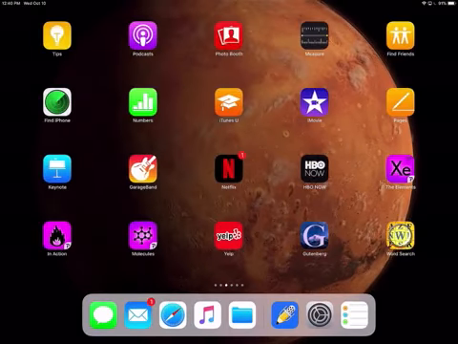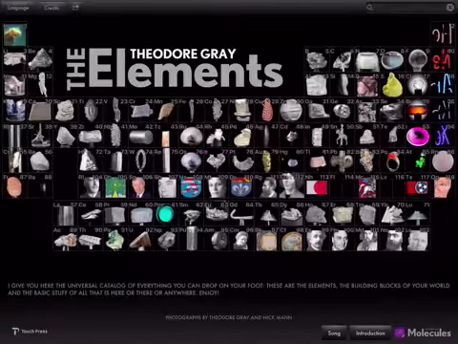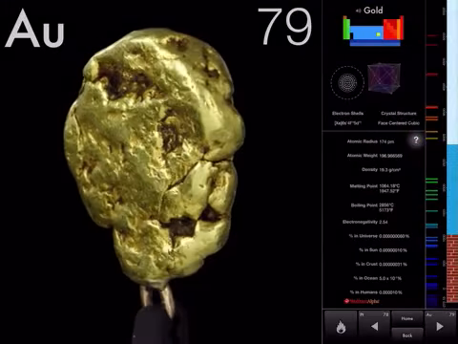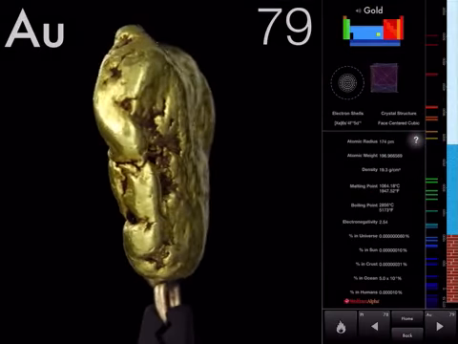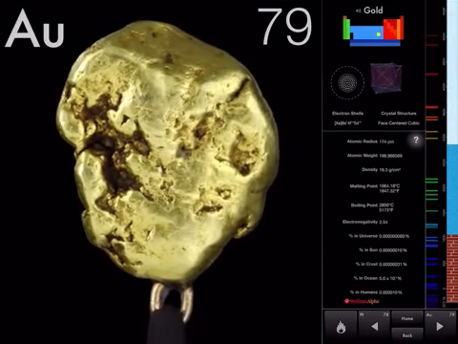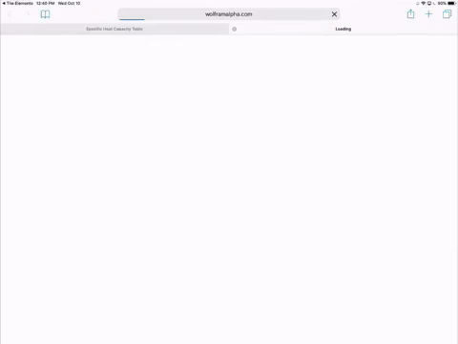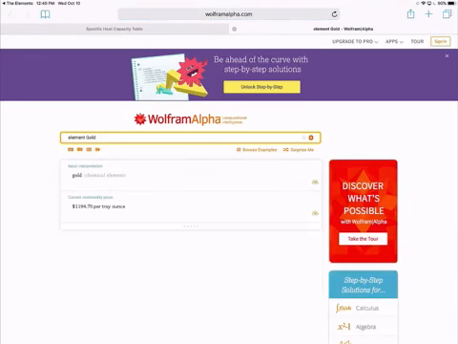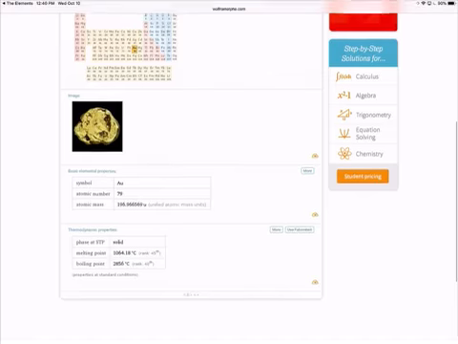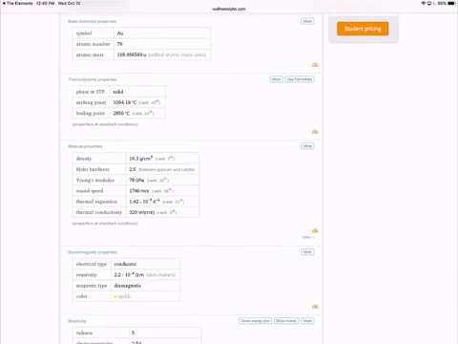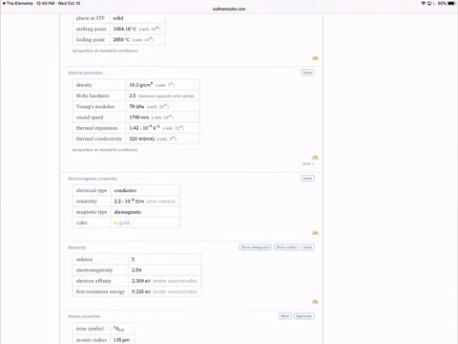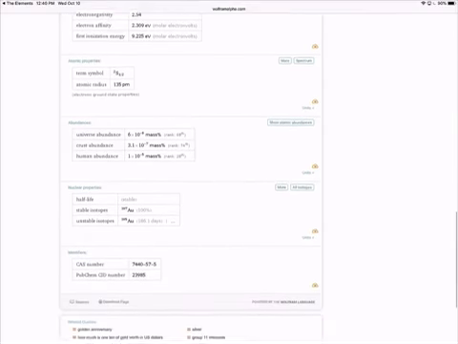Let me look at my periodic table. They might have heat capacity. Let's look at gold. Okay, does it give the heat capacity? Doesn't give the heat capacity. Wolfram Alpha: boiling point, thermal conductivity, hardness, speed of sound, half-life.